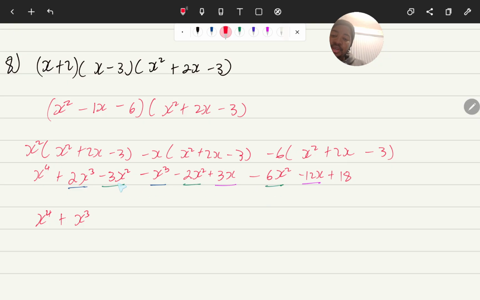So let me see, this one, that is minus 5, this is minus 5, together with this it's going to be minus 11. So minus 11x squared. Then we go to our single ones, that is minus 9x, then you have plus 18.